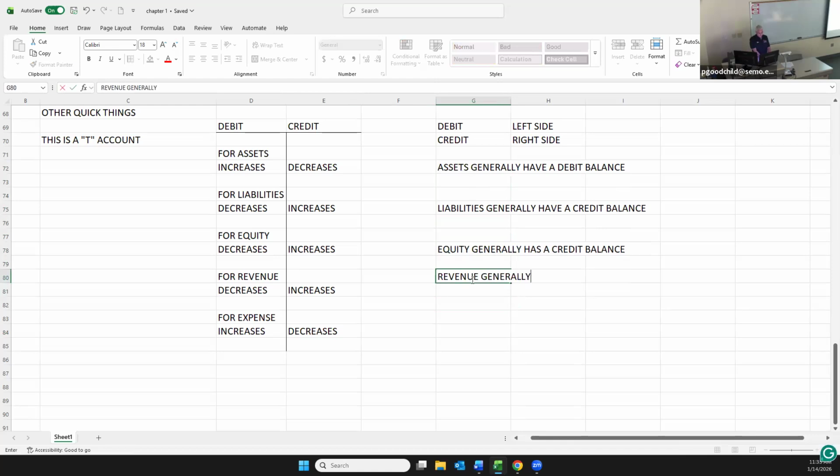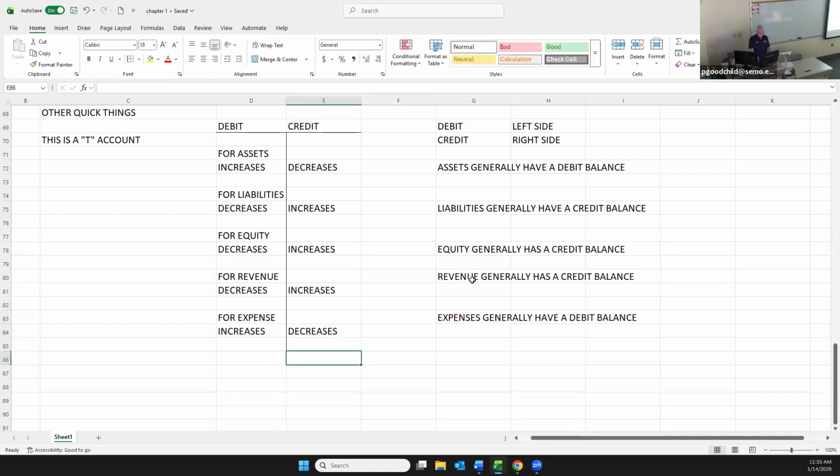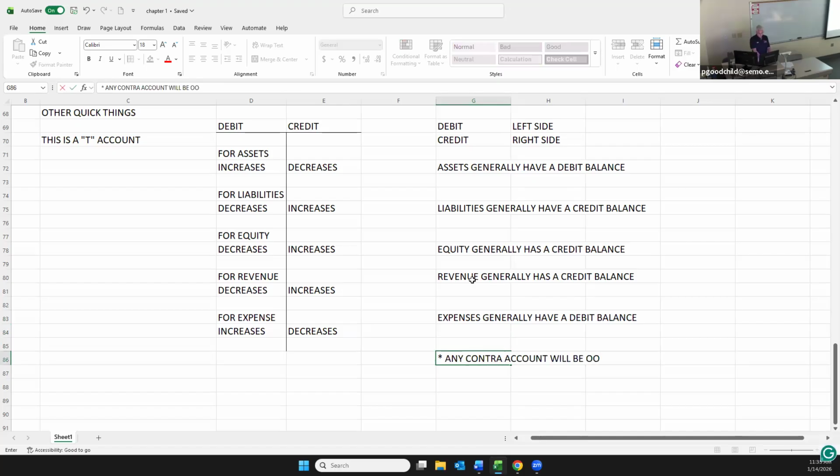Revenue generally has a credit balance. Expenses generally have a debit. Any contra account will be opposite.